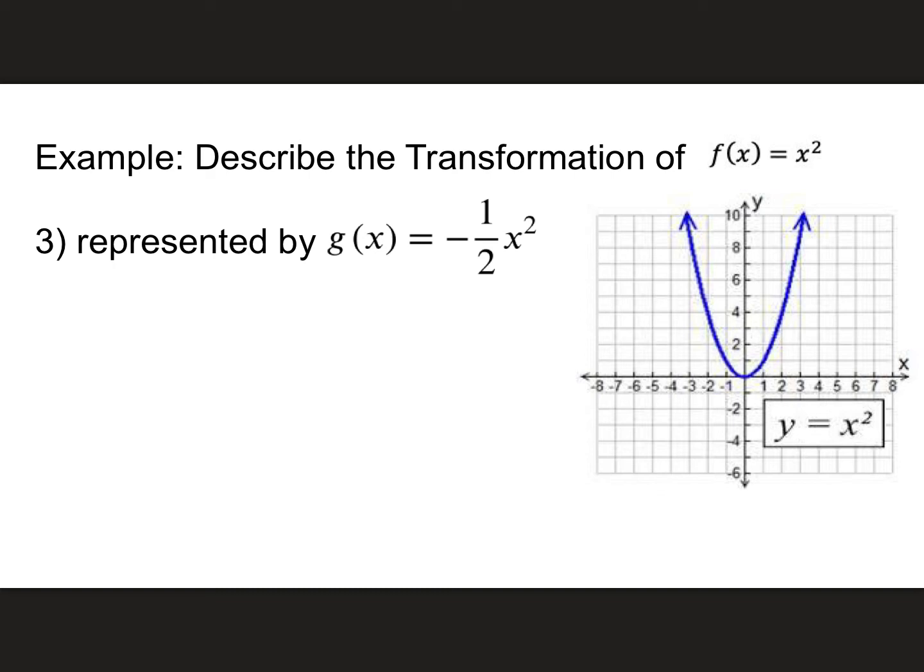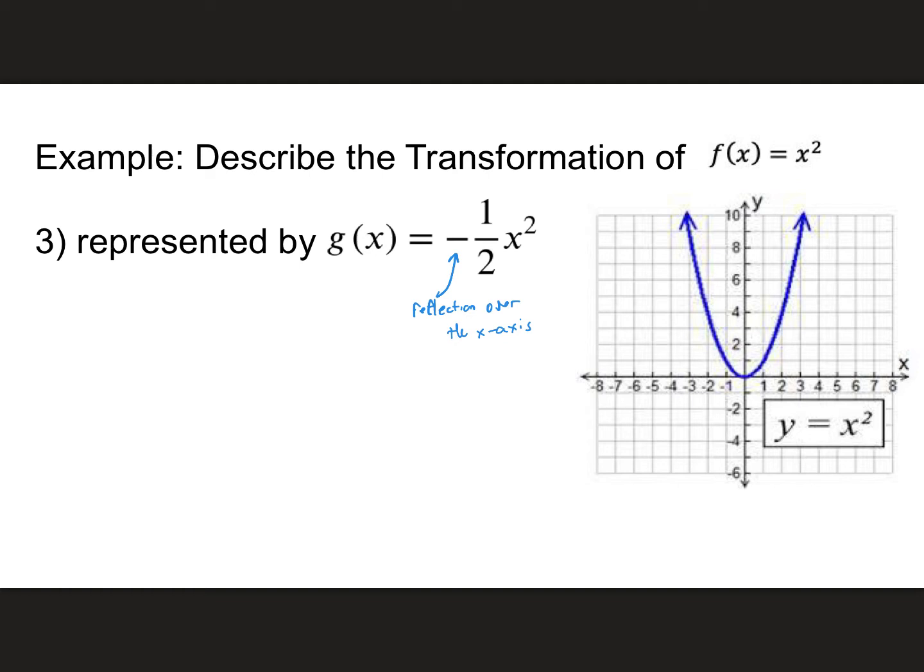All right, so 2 things. First, notice that negative sign. That negative sign would tell me that there is a reflection over the x-axis. Now, how do I know whether it's the x-axis or the y-axis? Well, the bottom line is there's no parentheses. We don't have anything going on inside a set of parentheses.